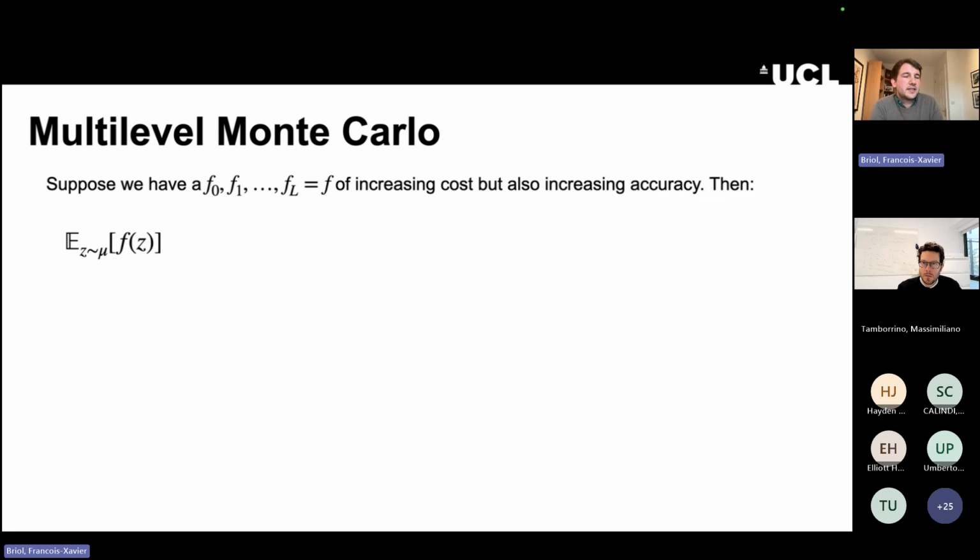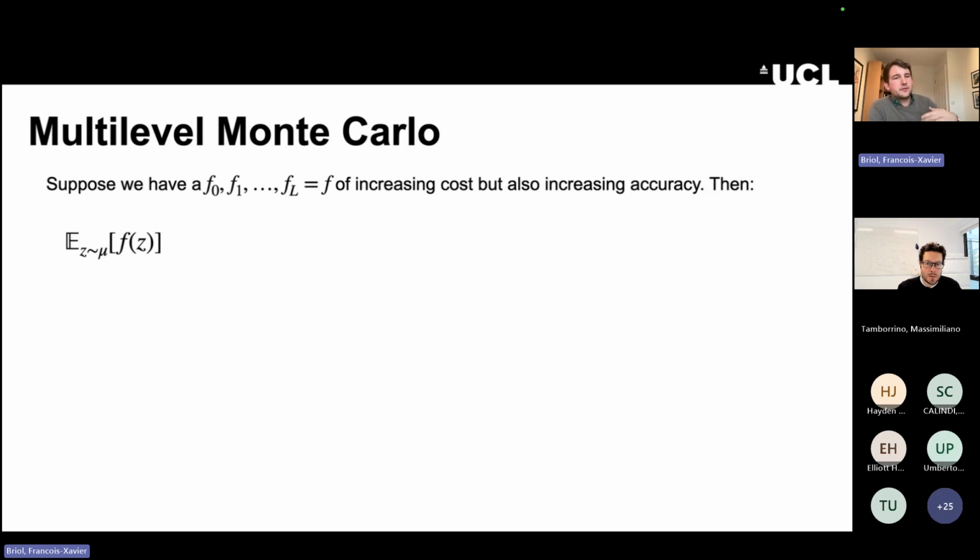Now, the setting is a little more complicated because instead of just having my function f, I'm going to have a sequence of functions, f0 to f big L, where f0 is very cheap, but the higher up the sequence I go, the more expensive the function is when I try to evaluate it pointwise. My functions get more and more expensive, but they also get more and more accurate. So f0 isn't that accurate, f1 is slightly more accurate, etc., as approximations of f, which is the last element of that sequence. Okay, so that's the setting for multi-level Monte Carlo.